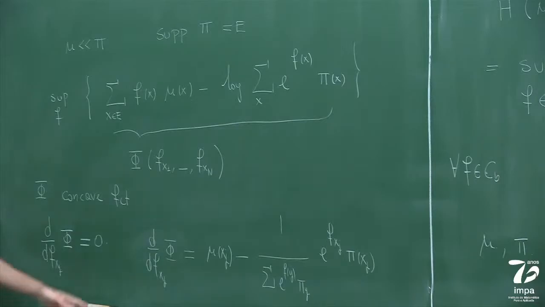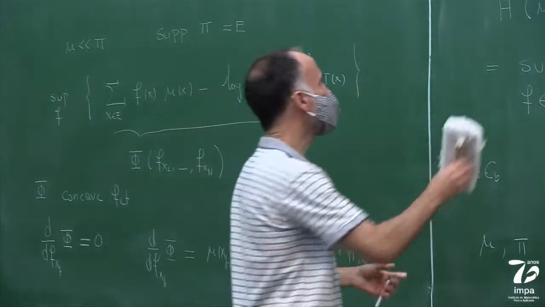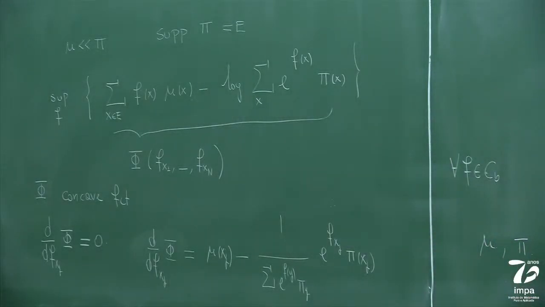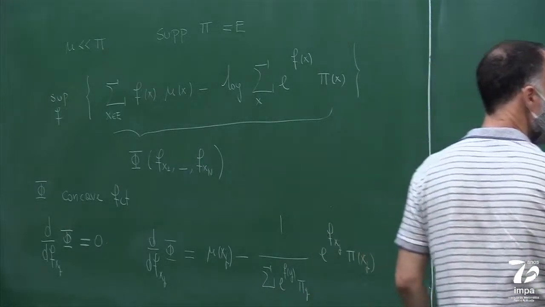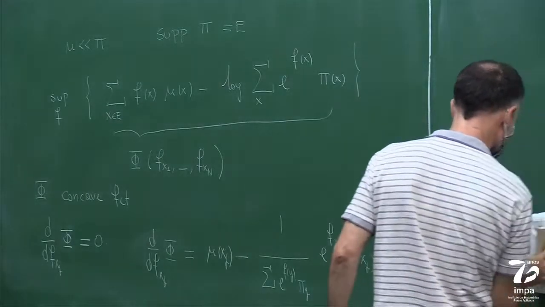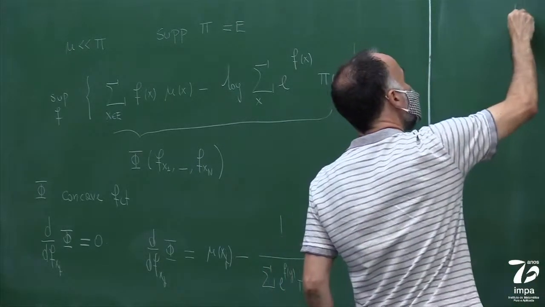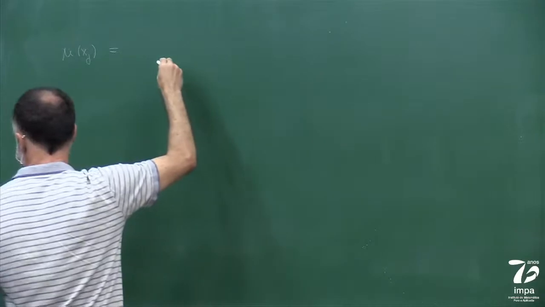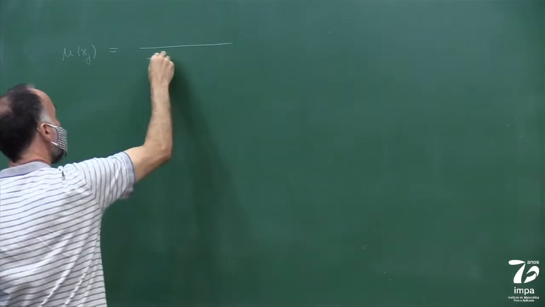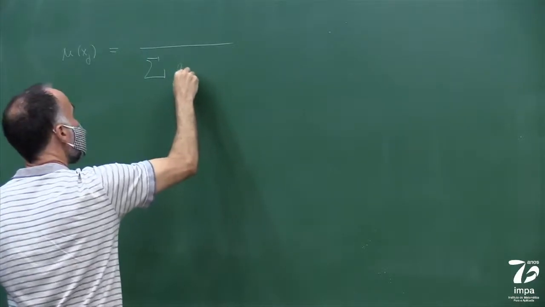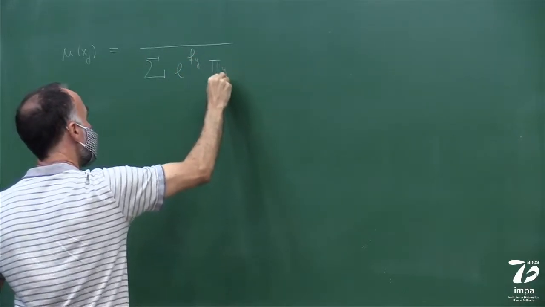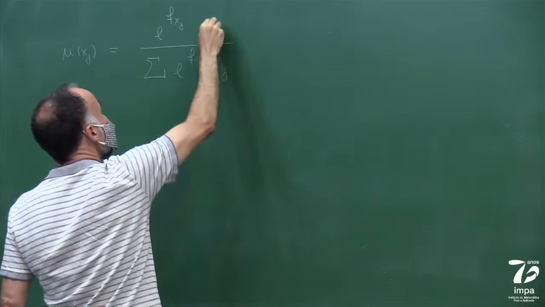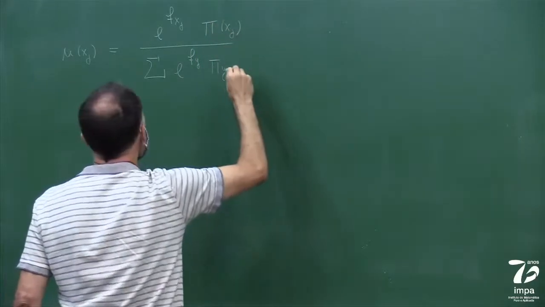And this has to be equal to 0, which means that mu(xj) has to be equal to the exponential of f(xj) pi(xj), divided by the sum of exponential f(y) pi(y). This is for all j.